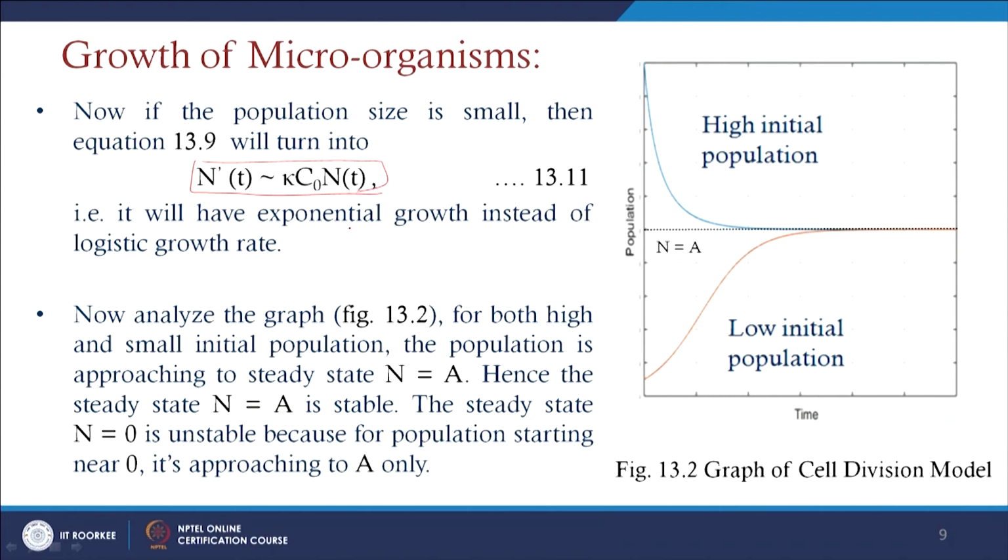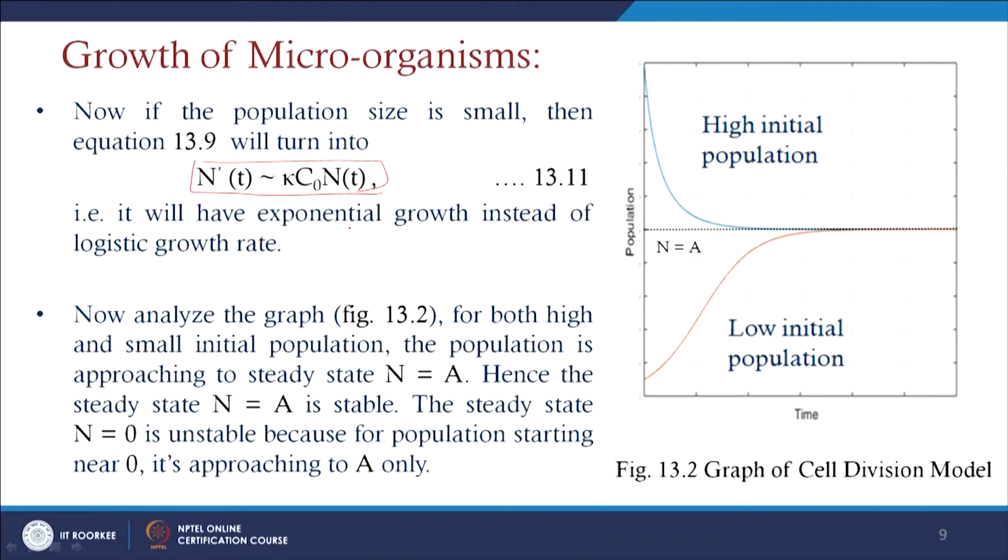Now if we analyze the population level at a critical point, or steady state, from the graphical sense, for both high and small initial populations, the population is approaching a steady state, that is n equals A. The steady state n equals 0 is unstable, since we start with a certain population, and we cannot expect some population level if we do not have any initial population size.